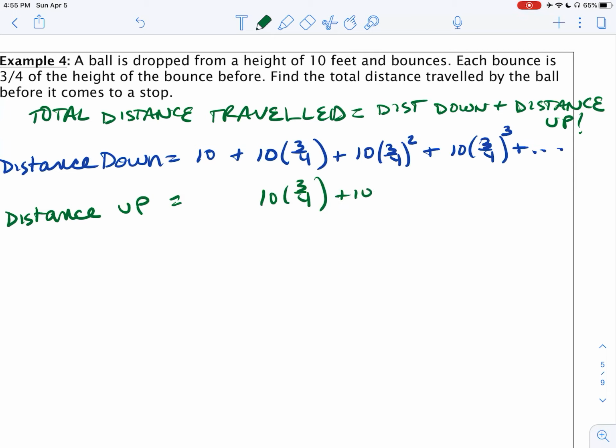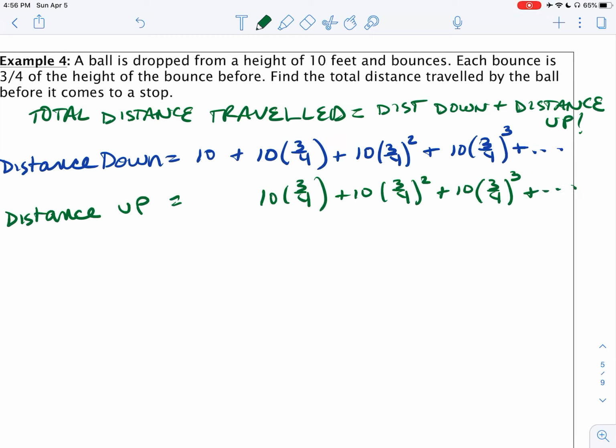So again, we have 10 times 3/4 squared plus 10. And again, by the very same reasoning, when it goes back up again, it's only going to go 3/4 of the previous distance. So we have a plus dot, dot, dot.